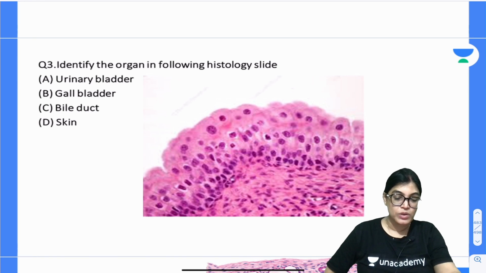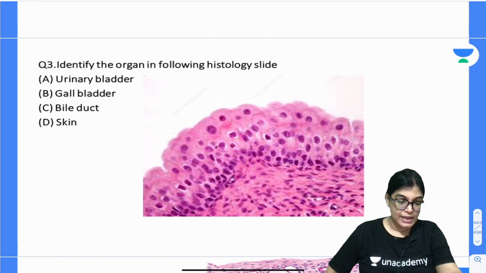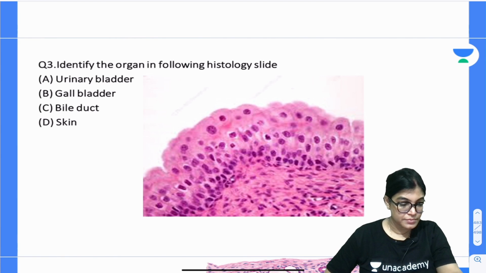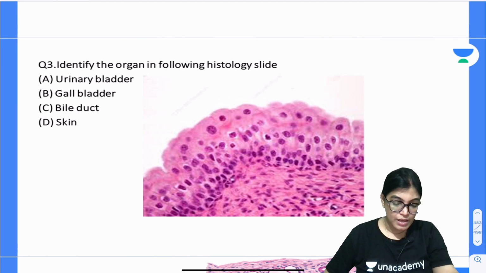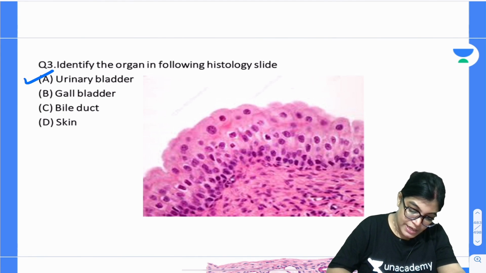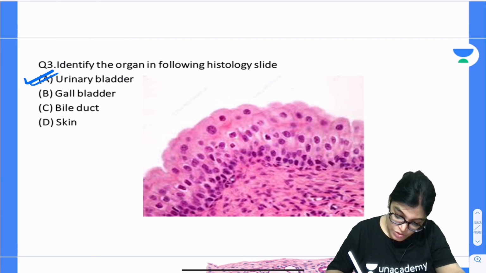We have 4 options: urinary bladder, gallbladder, bile duct and skin. The correct answer here is urinary bladder. So question number 3, the correct answer is urinary bladder.